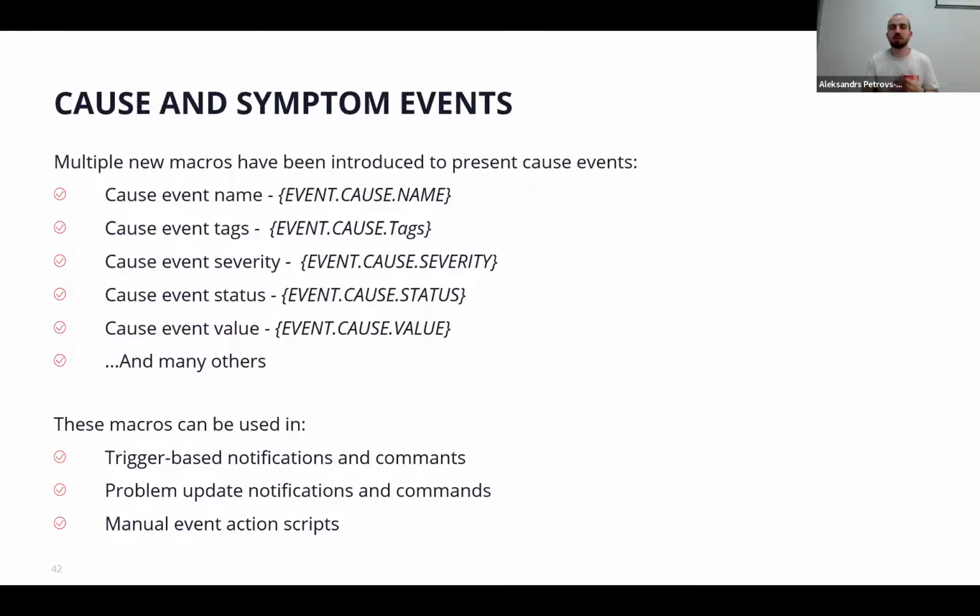What tags the cause event had, what severity, what status, what value. So you can get as much dynamic information as possible about the root cause of the issue. And this information also can be used in manual event action scripts.